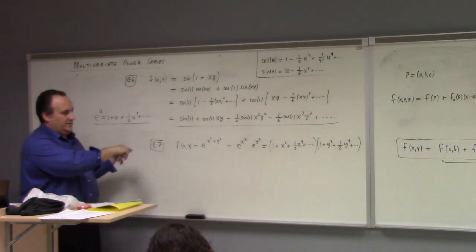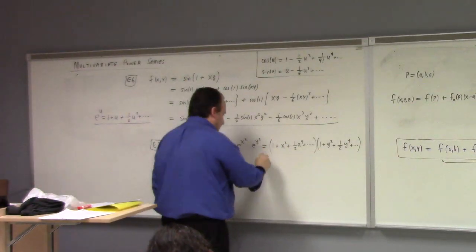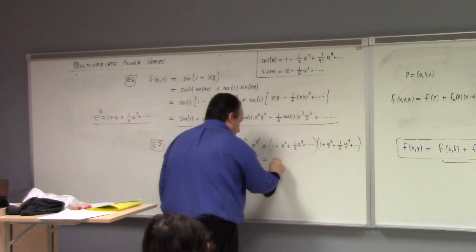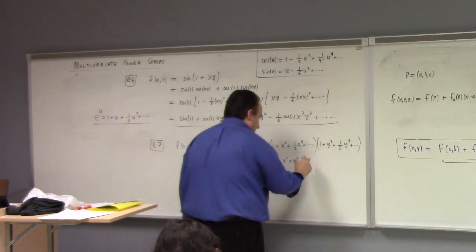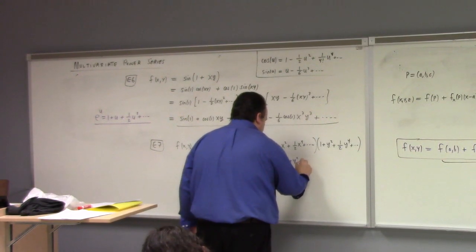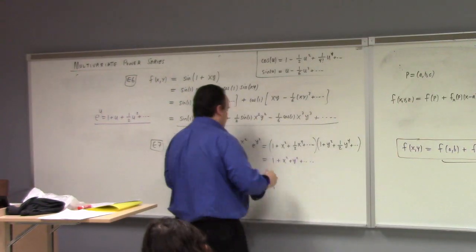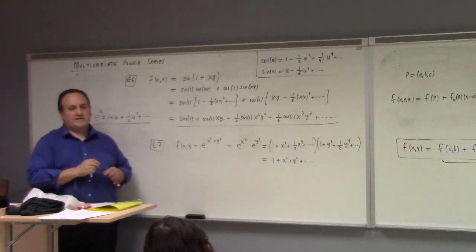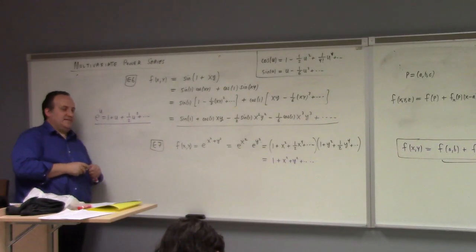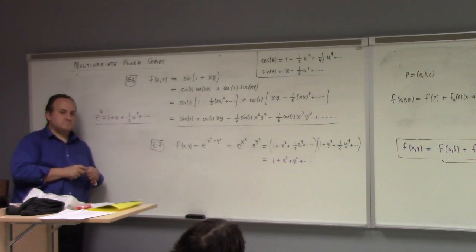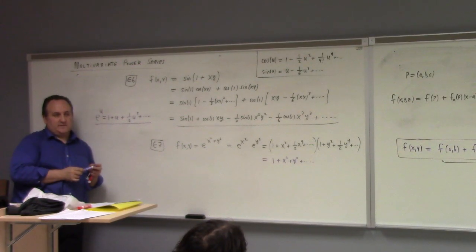So if I make u equals x squared, and if we multiply this out, we've got 1 plus x squared plus y squared plus, well, higher order stuff. So with this alone, you guys tell me, does this function have a local minimum or a local maximum at the origin? And what is the value at the origin?